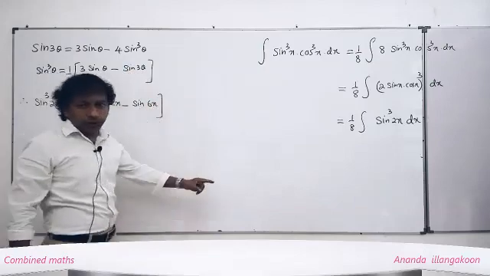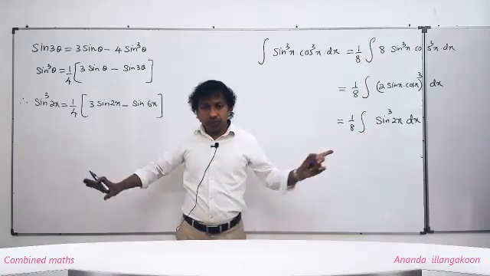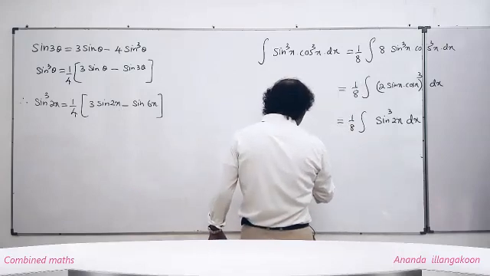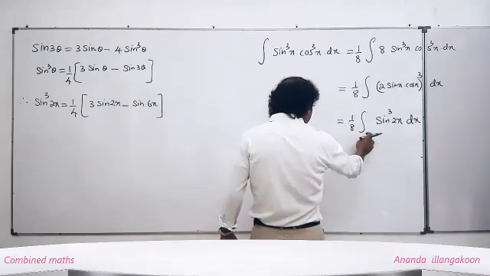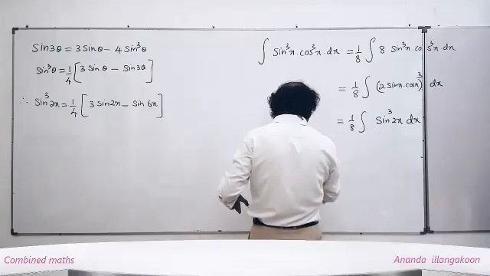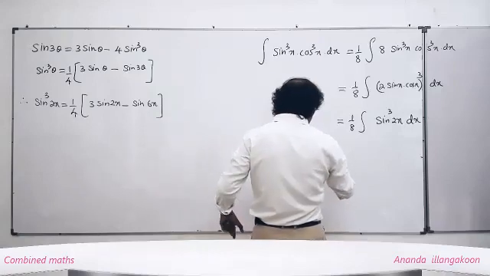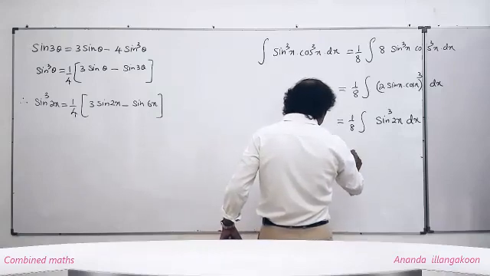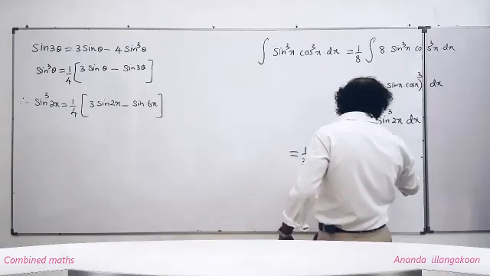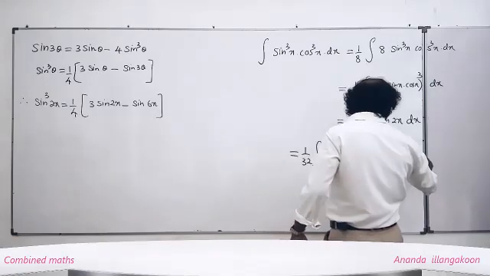Then I can replace this by this, and then you can integrate that. 1 upon 8 sine cube 2x, another 1 upon 4 comes in, therefore 1 upon 32 times 3 sine 2x minus sine 6x dx.